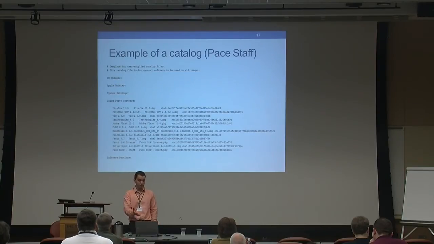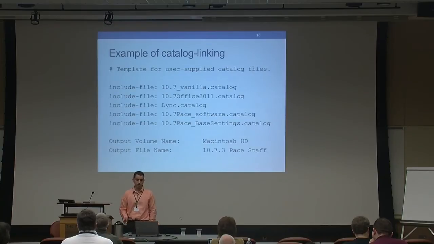This might not be the best catalog example, but there are other examples and templates you can use when you download InstaDMG, so you can get an idea of how to create these catalog files. So that was just a regular catalog, and now this is one that would just link up a bunch of catalogs.